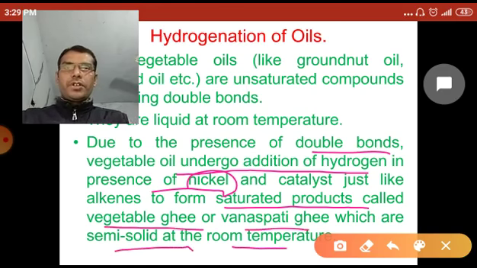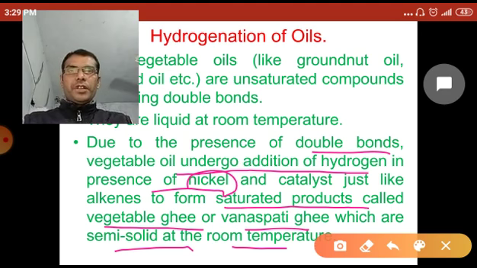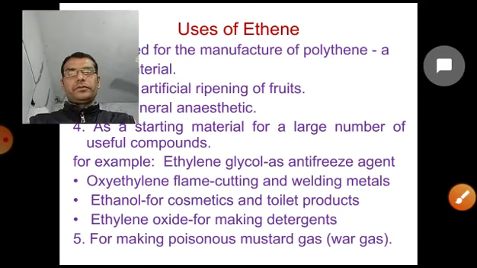So oil gets changed into solid form by adding a small amount of nickel as a catalyst and heating. This reaction is called the hydrogenation of oil.